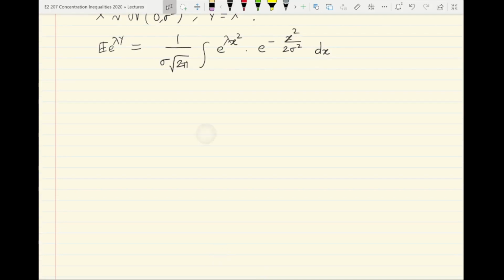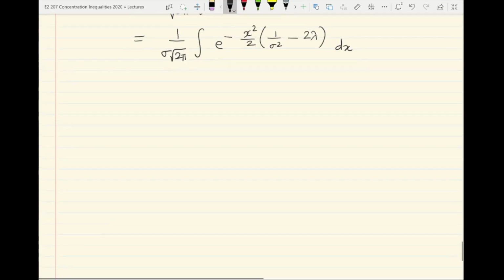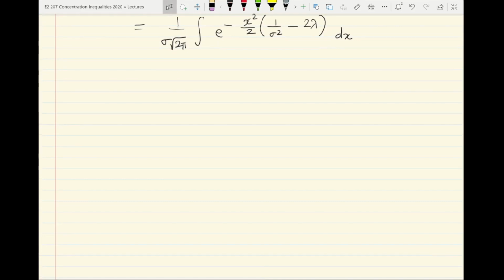This is just equal to 1 over sigma root 2 pi integral e raised to minus x square by 2, collecting terms, 1 over sigma square minus 2 lambda, dx. And you can convince yourself that if the exponent of the integrand turns out to be positive, then the answer is infinity.